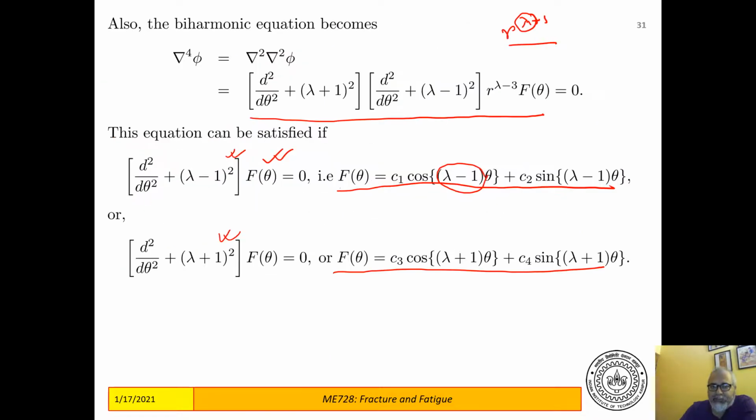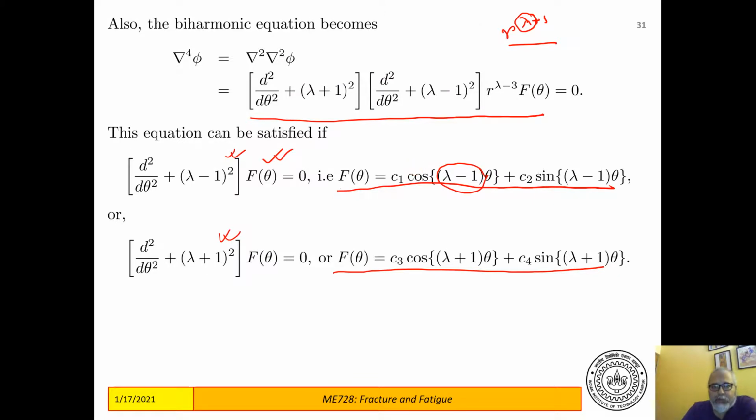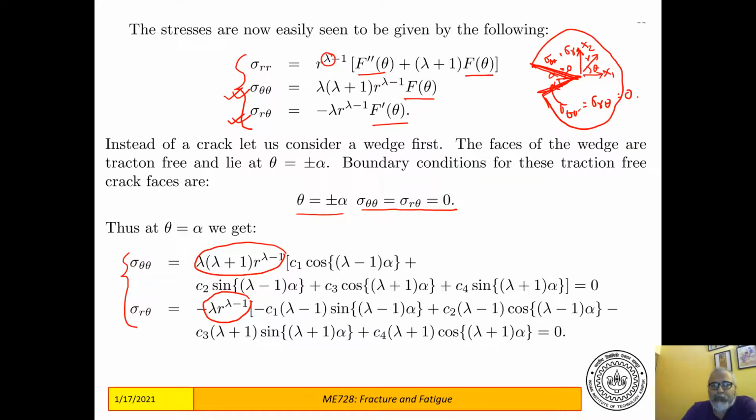The important thing is firstly this: if my phi is of this form, then stresses contain second derivatives of phi. So this will contain lambda r to the power lambda minus 1. So if you look at your stresses, they contain r to the power lambda minus 1.